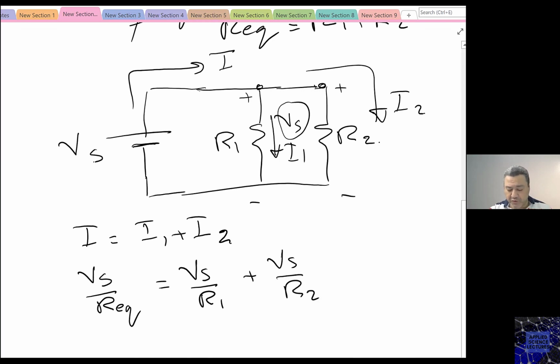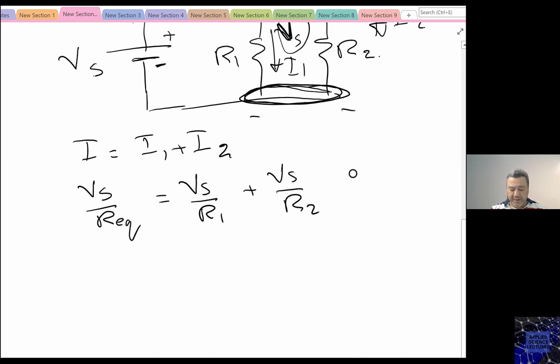Remember, this is electrically considered one node, and it's the same as the potential here at the positive electrode. And this one is also considered one point, and they have the same potential. So indeed, Vs is also across R1 and R2.